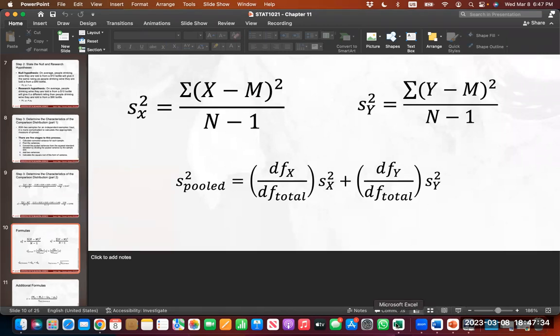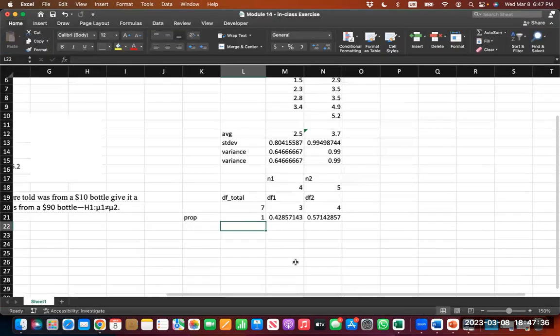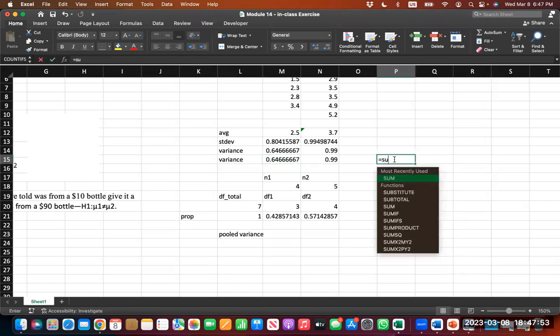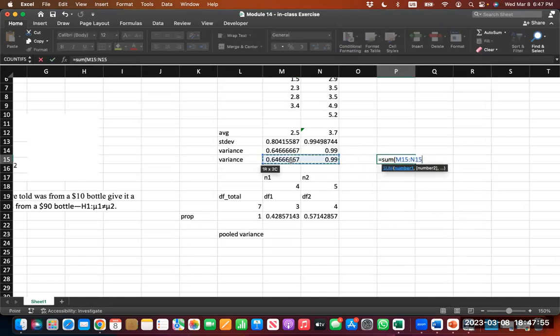So the way this looks like, you have now a pooled variance if both samples would be the same size, could hypothetically be variance and variance. So where you say, okay, so this is this and this. So it could be the sum of these two, if they were the same size.